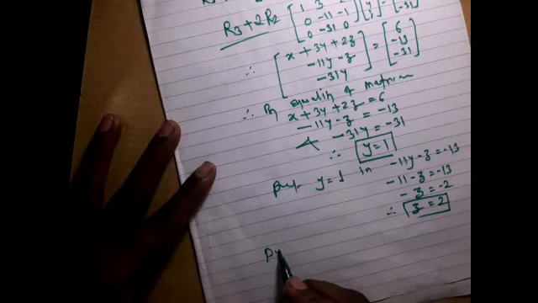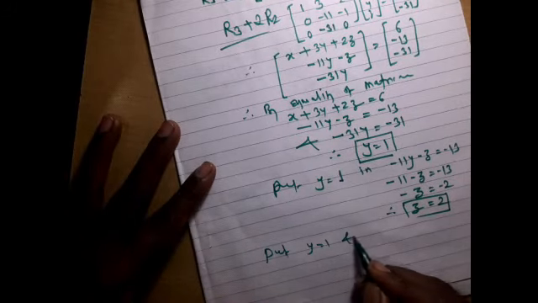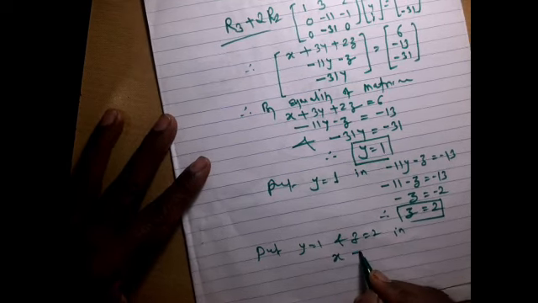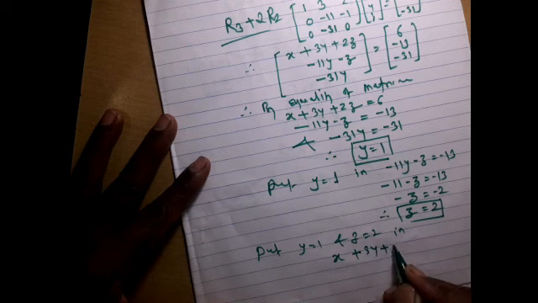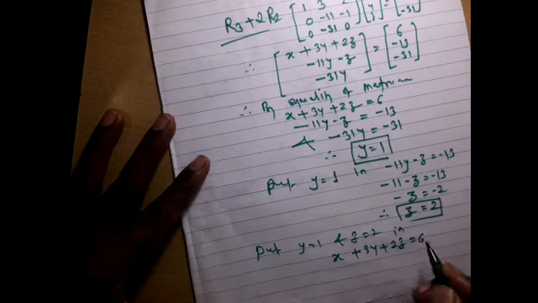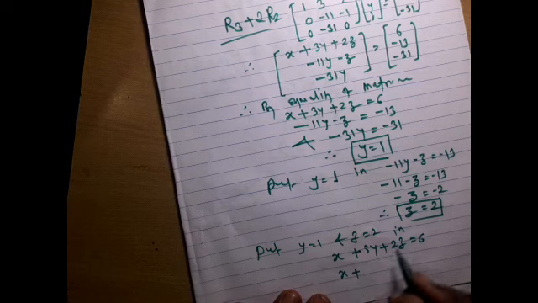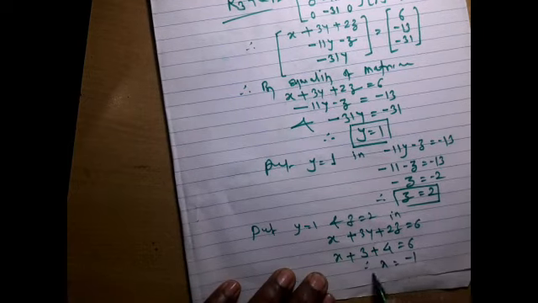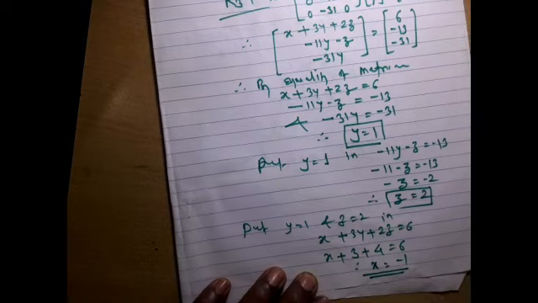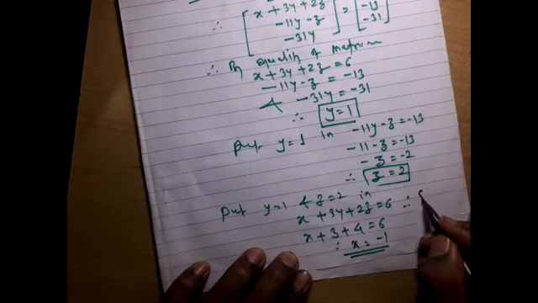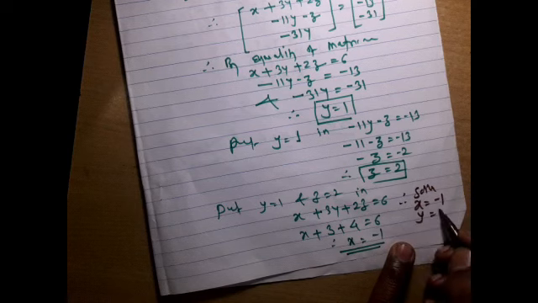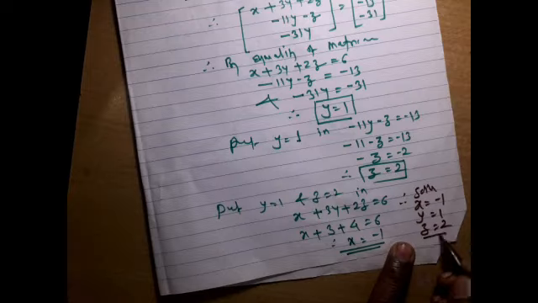Now put again y is equal to 1, z is equal to 2 in the equation x plus 3y plus 2z is equal to 6. x plus 3 1s are 3, 2 2s are 4, and x is equal to minus 1. Therefore the solution is x is equal to minus 1, y is equal to 1, and z is equal to 2.